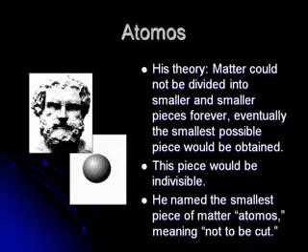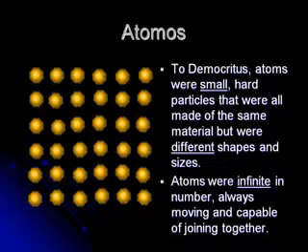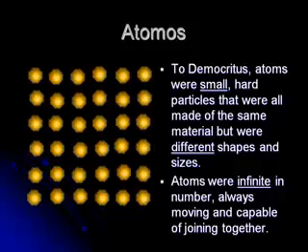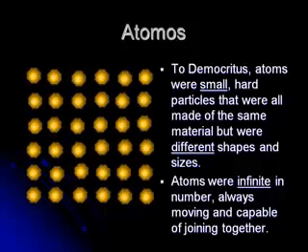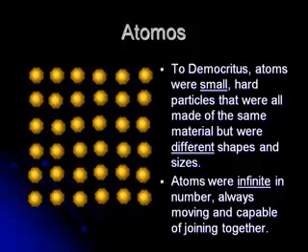And so he's the one that we credit with using the term atom, or atomos, which means not to be cut. Okay, and so this is showing what his concept of matter was.